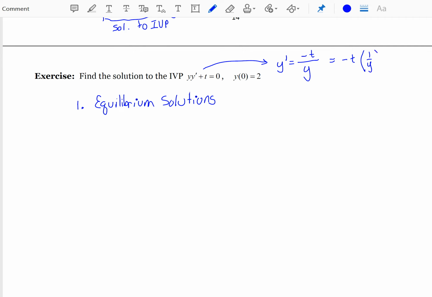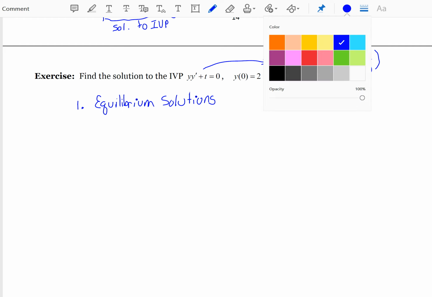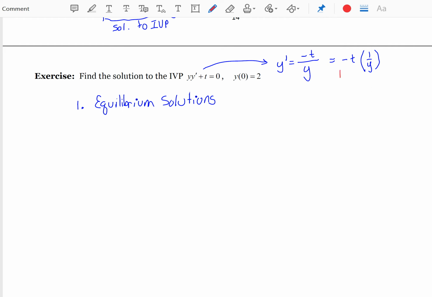Again, I want to write these as a product of two functions. So in this product, this is the function g of t, or no, not g of t, f of t that we were talking about. And this is the function g of y.